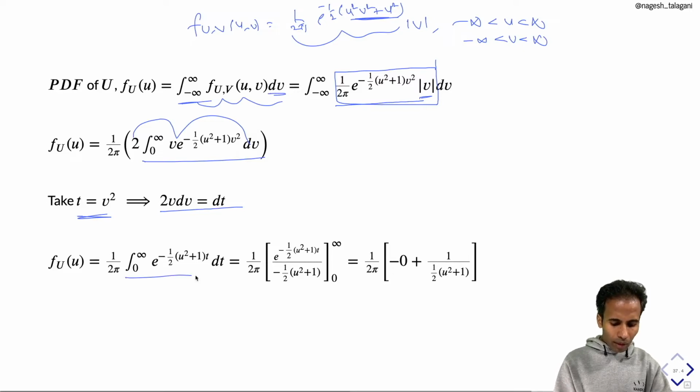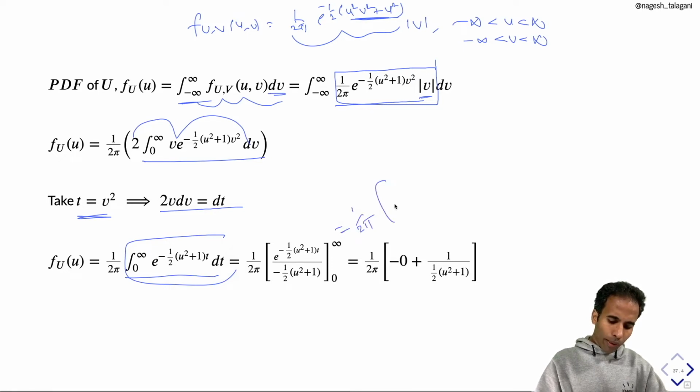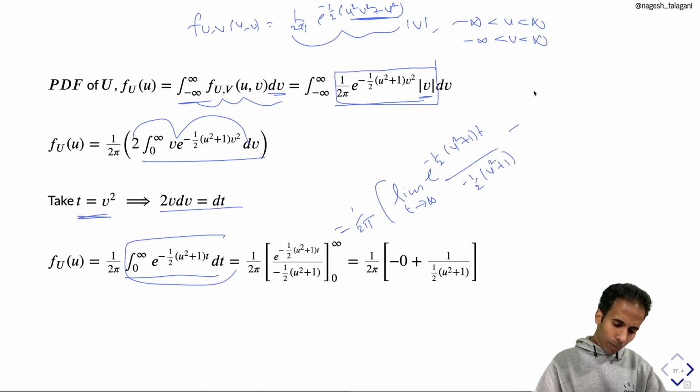Okay. Now this integral with respect to t is going to be e power minus 1 by 2 of u square plus 1 times t, divided by minus 1 by 2 of u square plus 1. Okay. So your limits are 0 to infinity. So it's going to be 1 by 2 pi, limit t tends to infinity of e power minus 1 by 2 of u square plus 1 times t by minus 1 by 2 of u square plus 1, minus e power 0, that is 1, by minus 1 by 2 of u square plus 1.